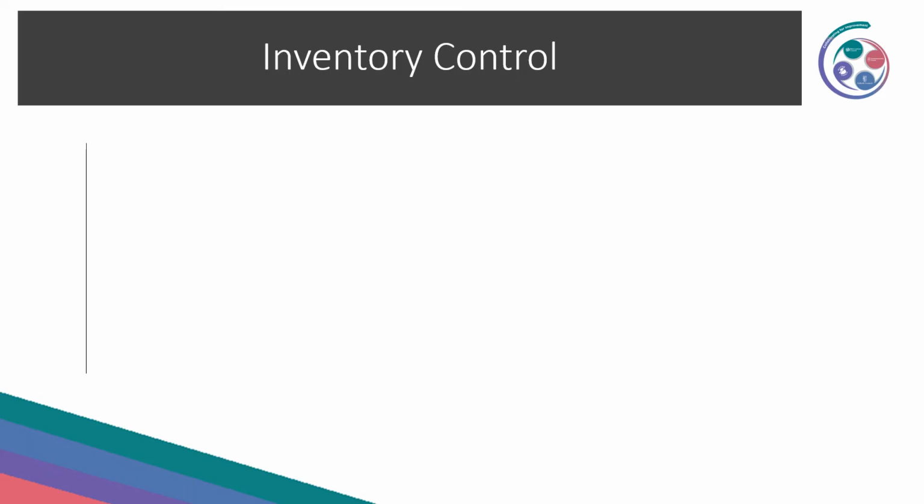Alright, so the first thing that we can look at is the axes. We're measuring stock level or inventory level, and we're doing this over time.